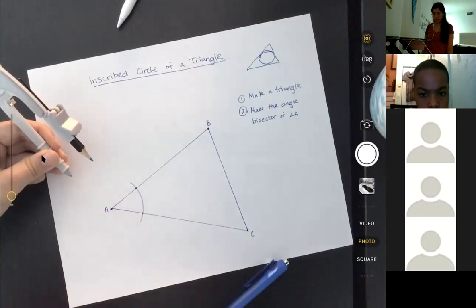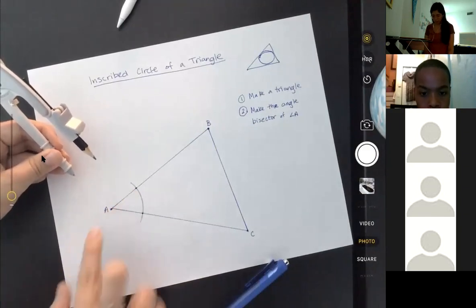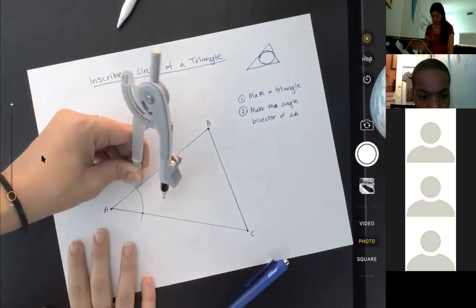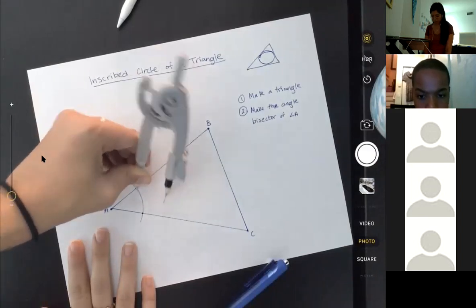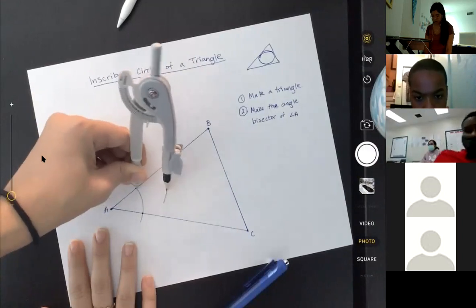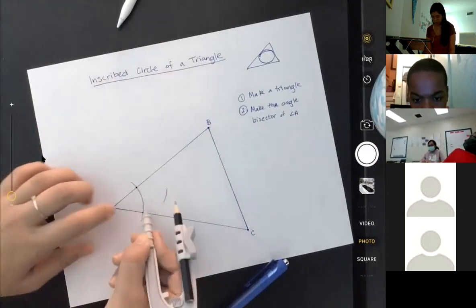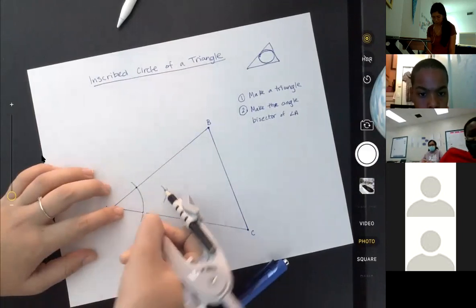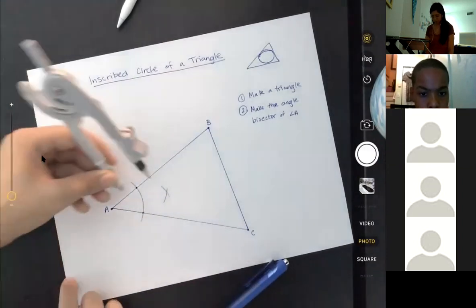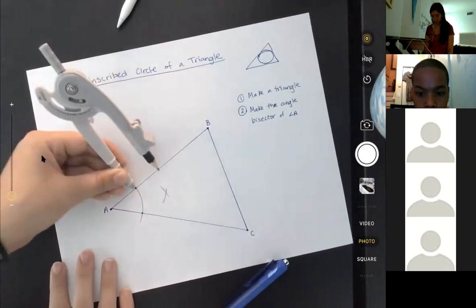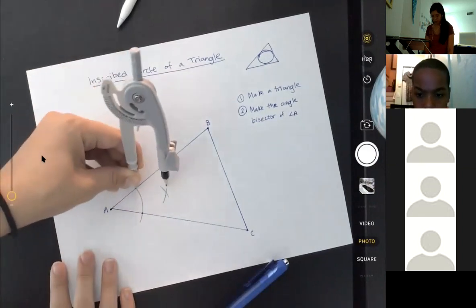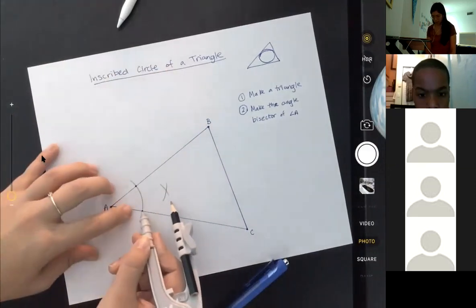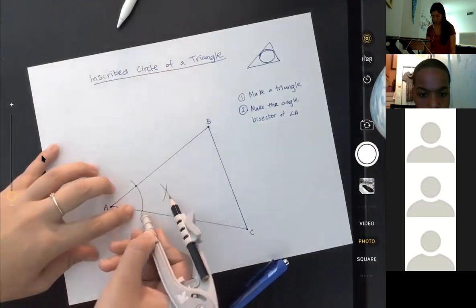So now that I've made this arc, I'm gonna go to each of those points. I'm not gonna change the width of my compass. I'm gonna go to each of those points and make an arc right above. Then I go over to the other one and make an arc that crosses. Okay, so I didn't change the width at all this whole time, but I stuck it into that intersection point and made an arc above, went over to the other intersection point and made another arc that crossed.